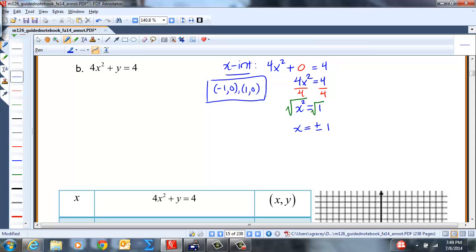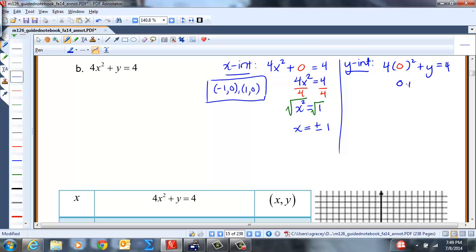All right. So the y-intercept, we have one. We let x equal 0. And then we'll be isolating y.